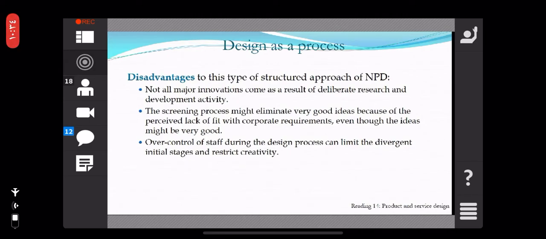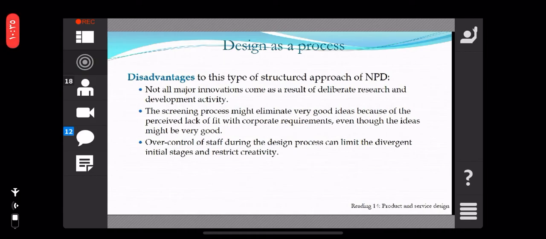Number three, over control of staff during the design process can limit the divergent initial stages and restrict creativity. Designing is a process. And you have your limitations, you have to work.